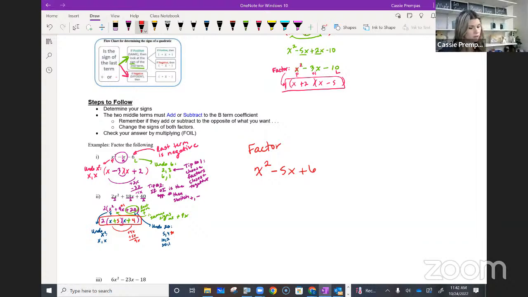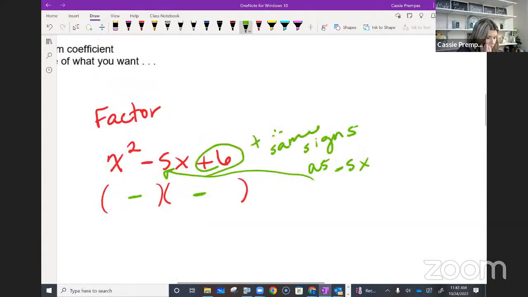See if you can unfoil it. If you need help, I've done the first step for you.